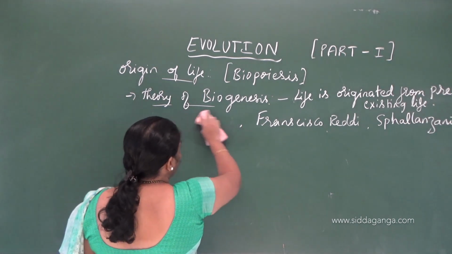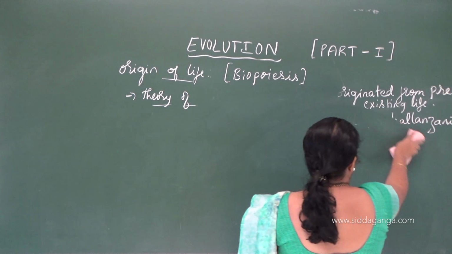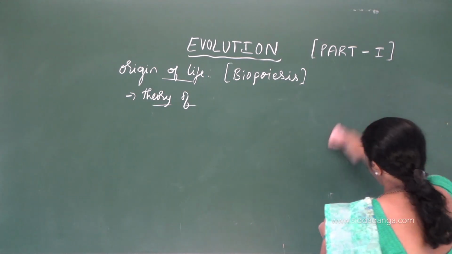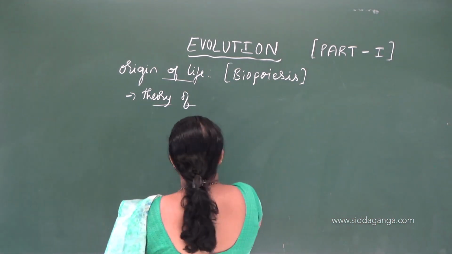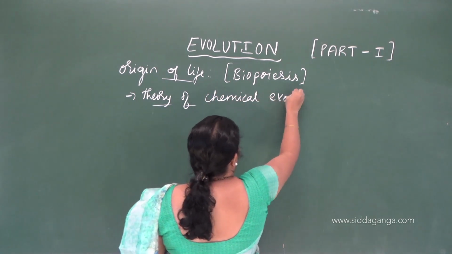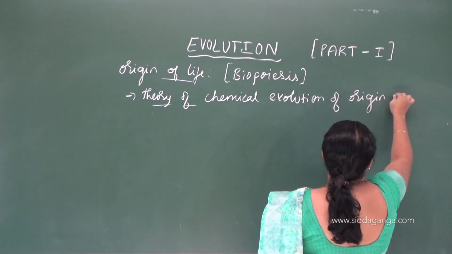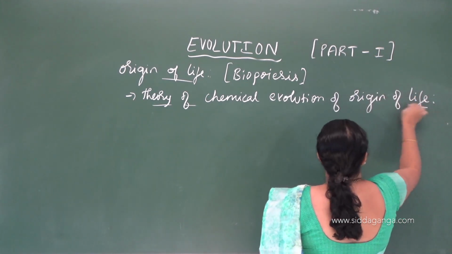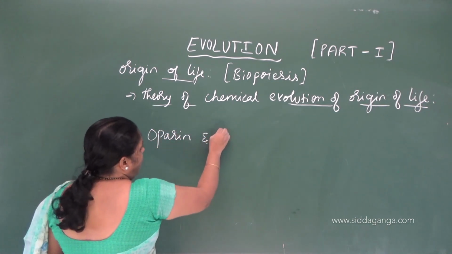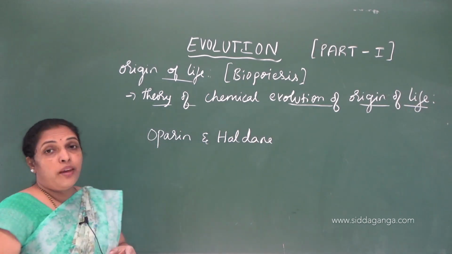Then we'll move on to the most accepted theory, that is, the theory of chemical evolution of origin of life. This theory was given by Oparin and Haldane. Oparin from Russia and Haldane from England.